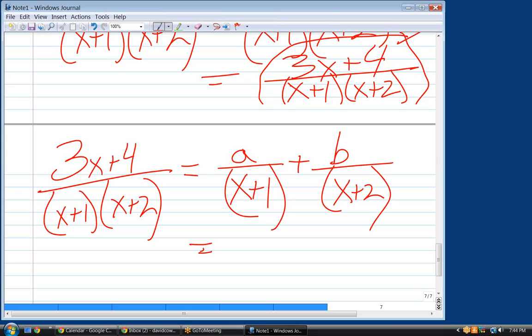So now I can say, well, a times x plus 2 plus b times x plus 1 has to equal 3x plus 4. In other words, a times this denominator, x plus 2, plus b times this denominator, x plus 1, all of that has to equal this numerator.